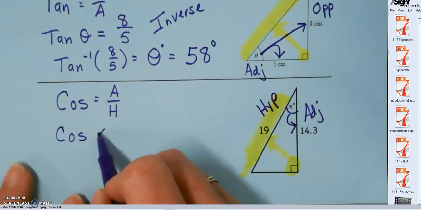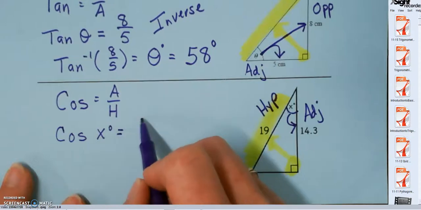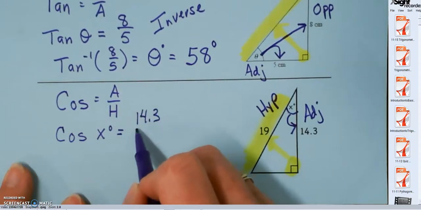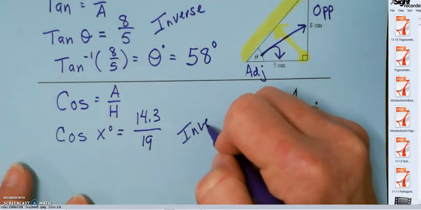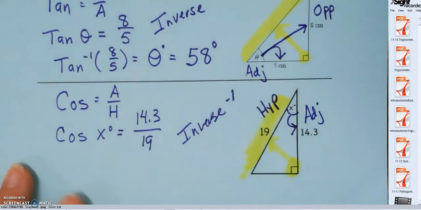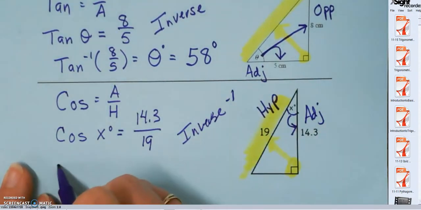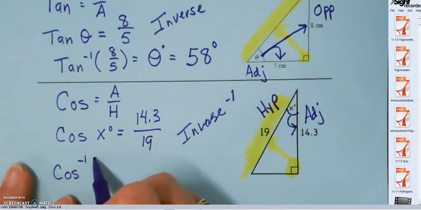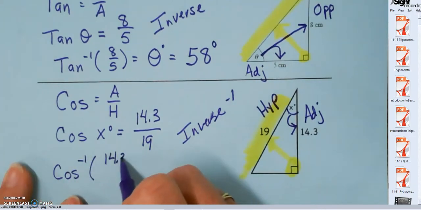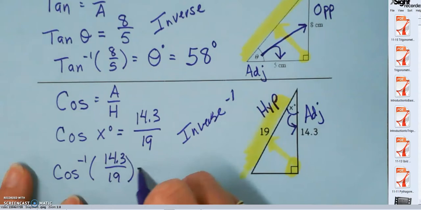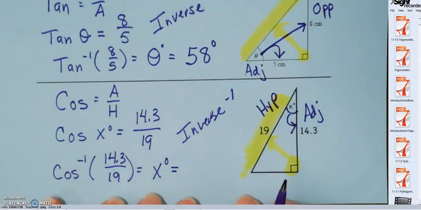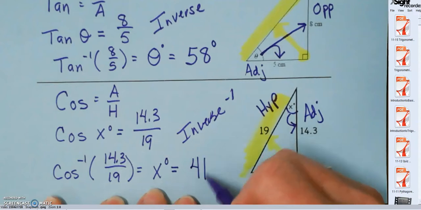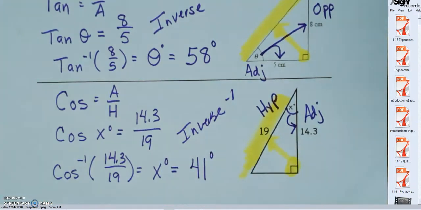The cosine of angle x is equal to 14.3/19. But now I need to take that inverse function. So the cosine to the -1 power of 14.3 divided by 19 equals x degrees. And your answer should come out to be 41 degrees. All right. So that's a wrap.